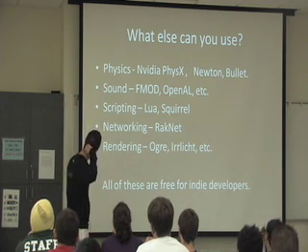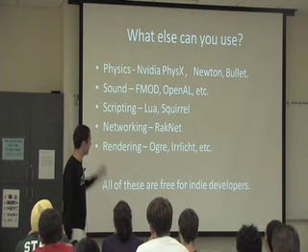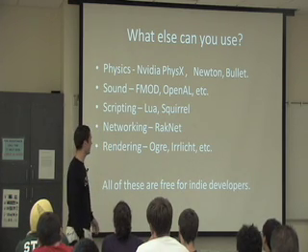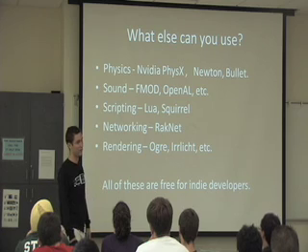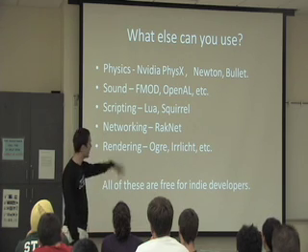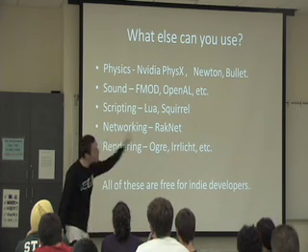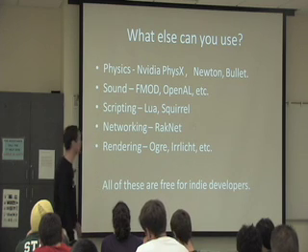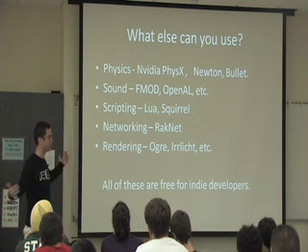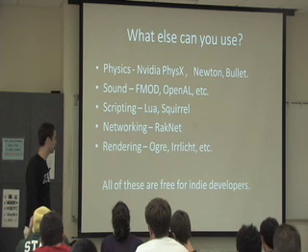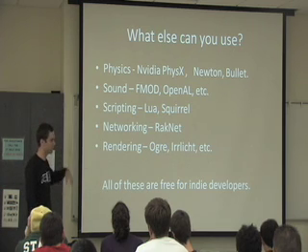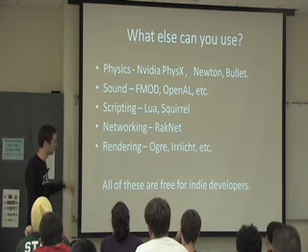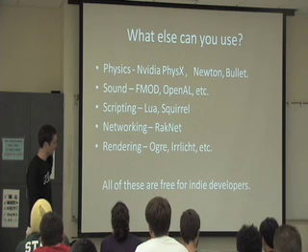So then networking, you have RackNet. RackNet's really, really cool. I suggest if anybody is at all interested in networking stuff, you can go download it, you can check it out. He does everything you could imagine that has to do with connecting two computers. He has server implementation, patch implementation, NAT.